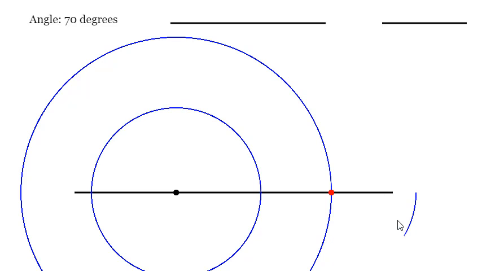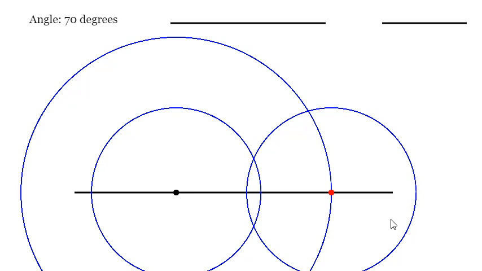And the second circle. Okay, so what we have now is a large circle whose radius is equal to the length of the longer side, and two other circles whose radii are equal to the length of the shorter side.